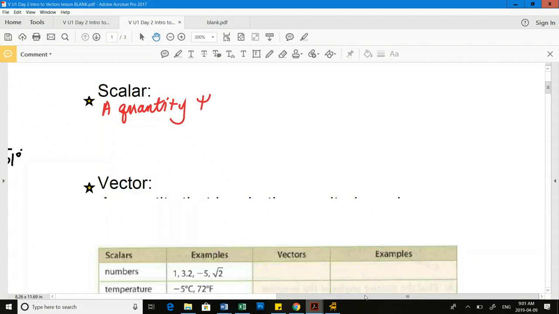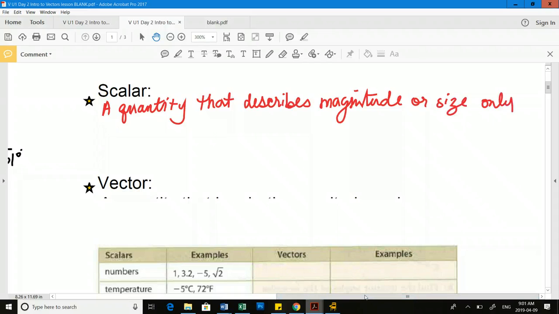And it's going to describe magnitude or size only. Okay, it can have units or it can have not. And the important part of this is that it does not include a direction.